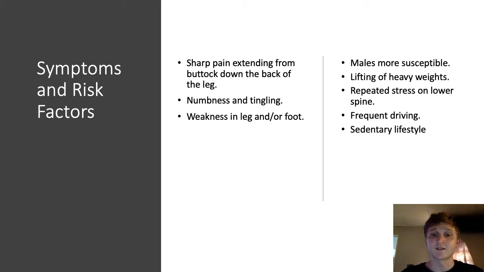Some risk factors: males are actually more susceptible to this. Lifting heavy weights repetitively would increase your likelihood of getting this. Repeated stress on the lower spine in any form, frequent driving, and a sedentary lifestyle also contribute to this.